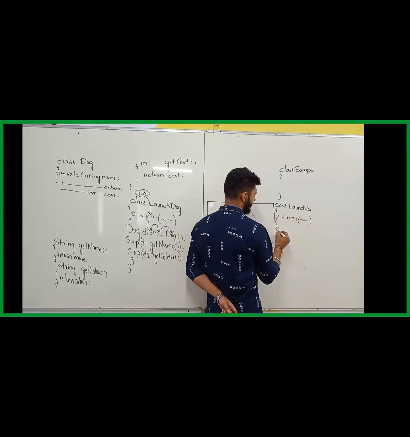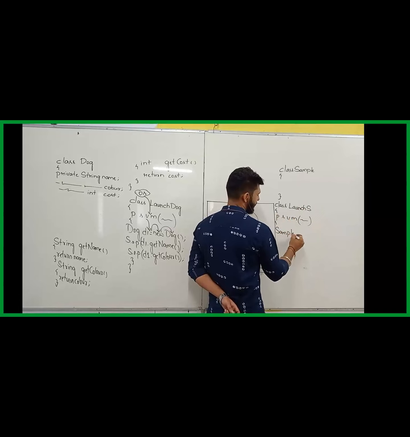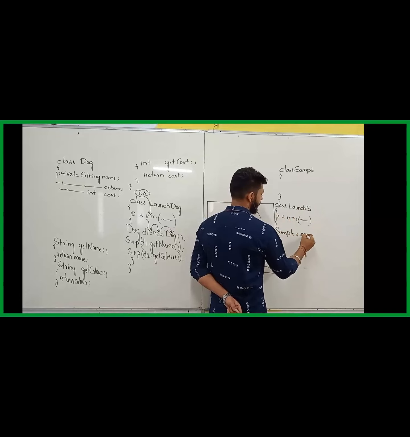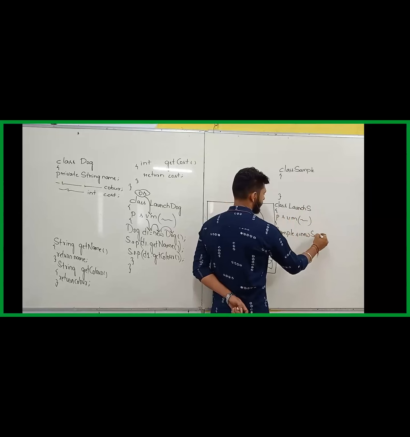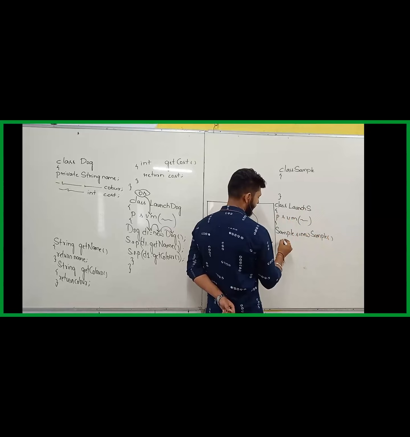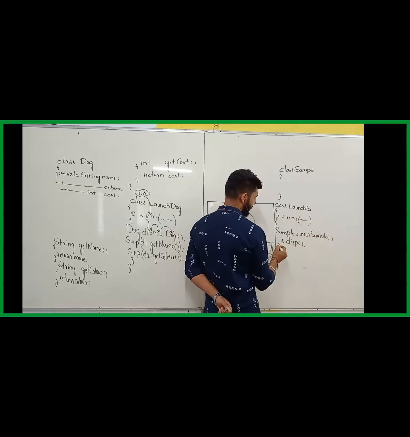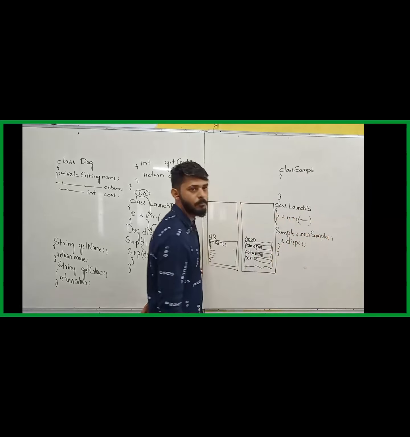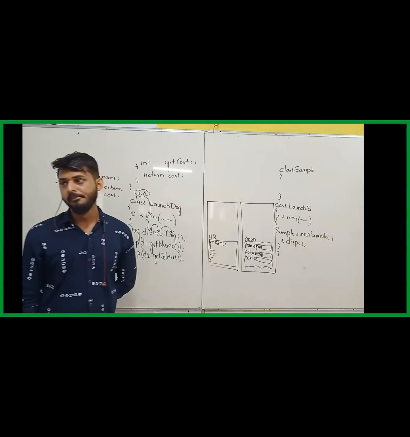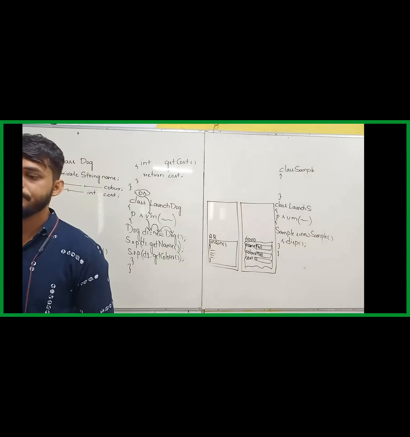Inside this, Sample type s equals to new Sample, and then s dot. What will happen with this? Something should happen, right? What?